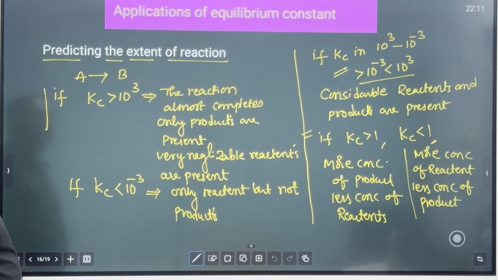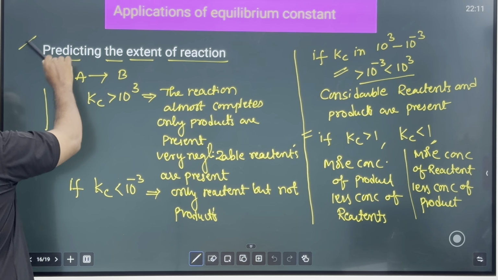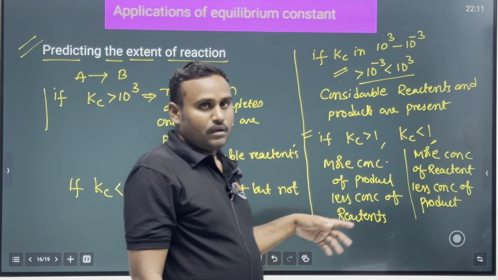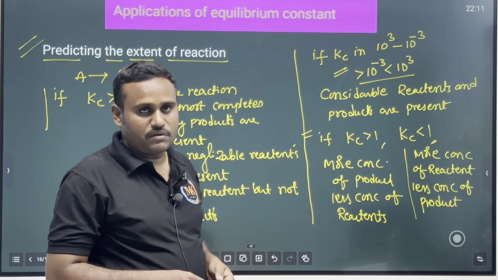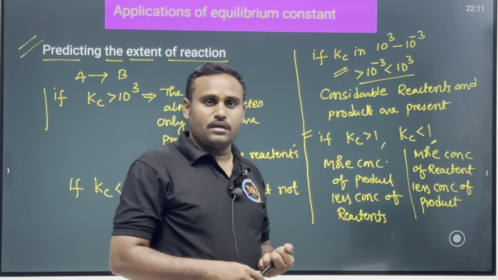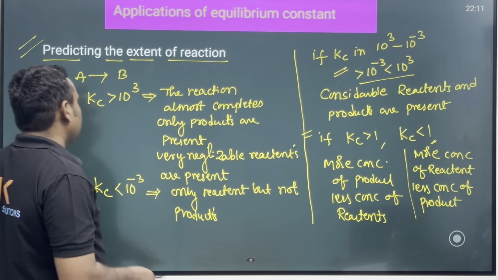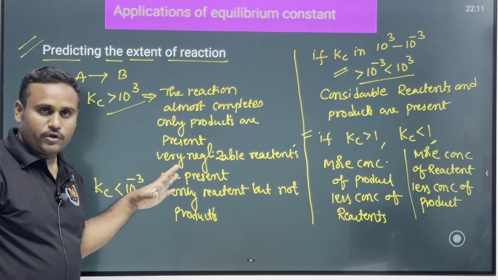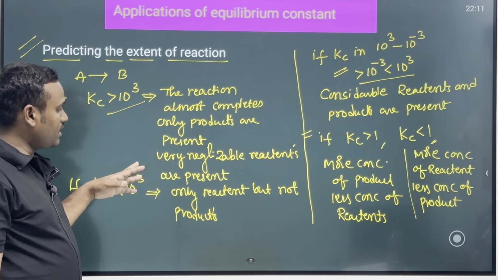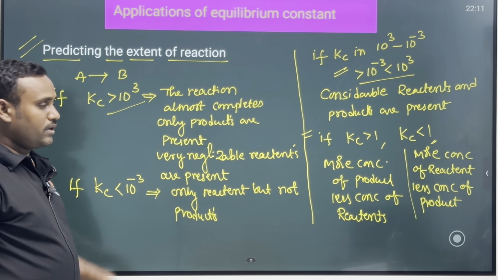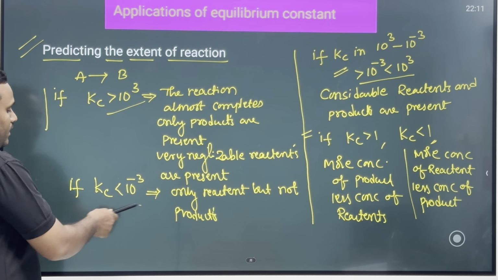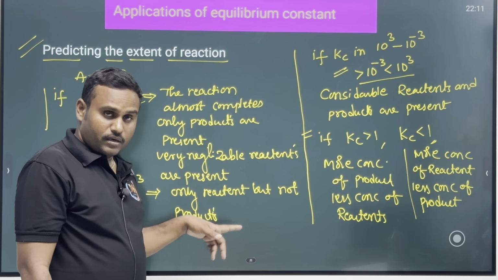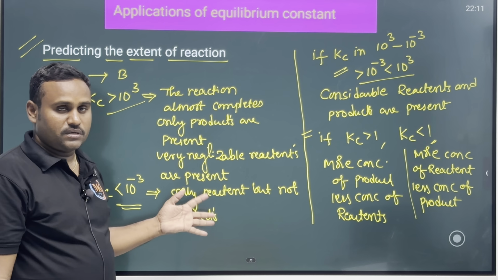Next, applications. Predicting the extent of reaction, means how much reaction is going to be complete, what are the concentrations of reactants and products at the equilibrium stage. If K is greater than 10 power 3, it is almost complete, only products are present, very negligible reactants. If K is less than 10 power minus 3, only reactants, no products, the reaction does not take place at all.